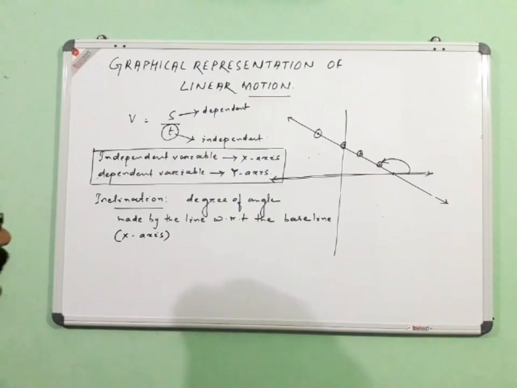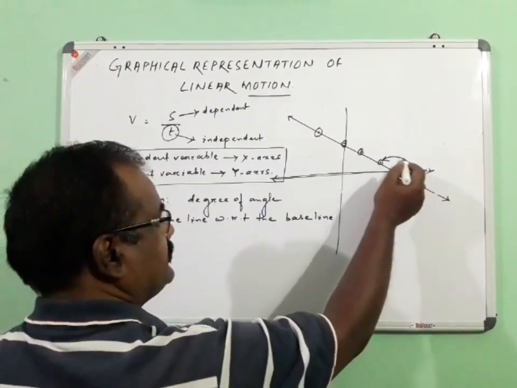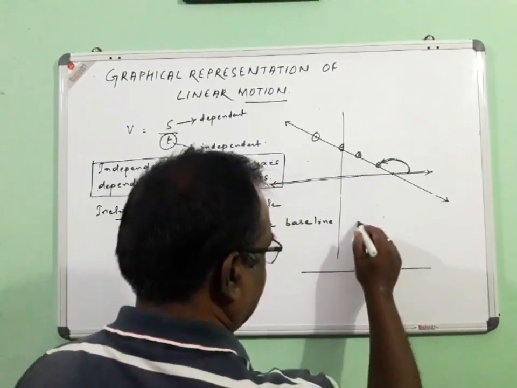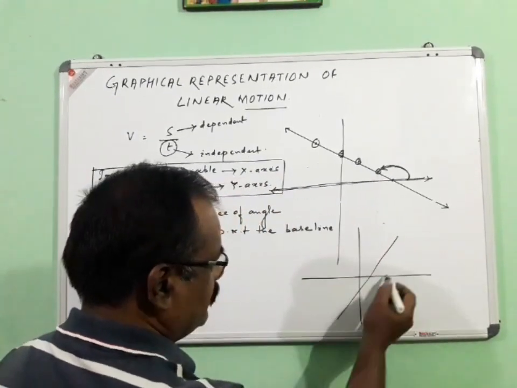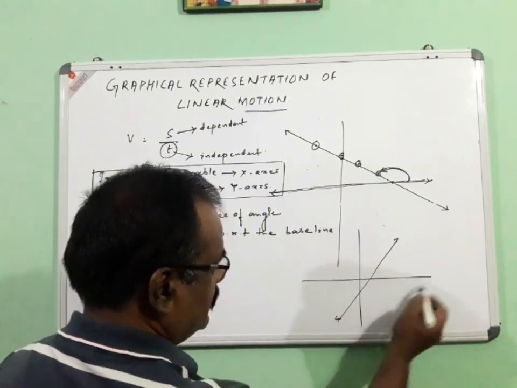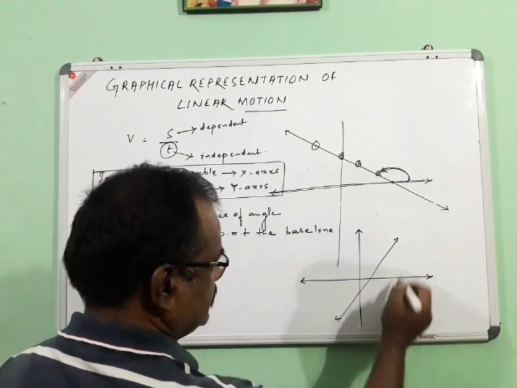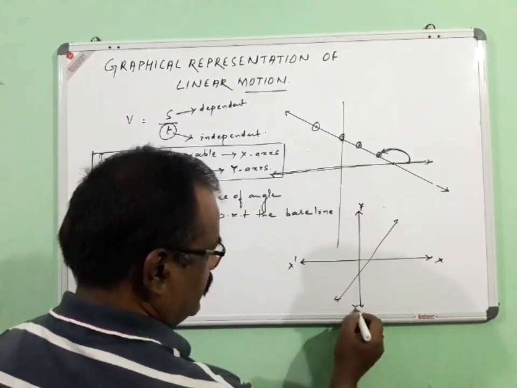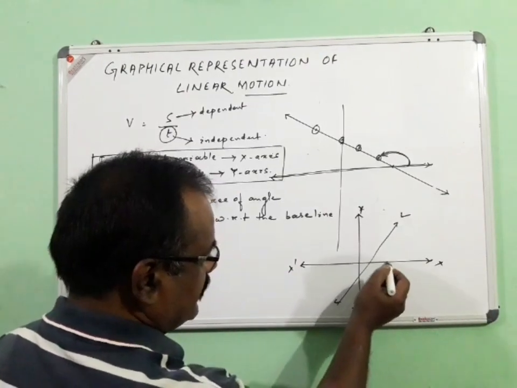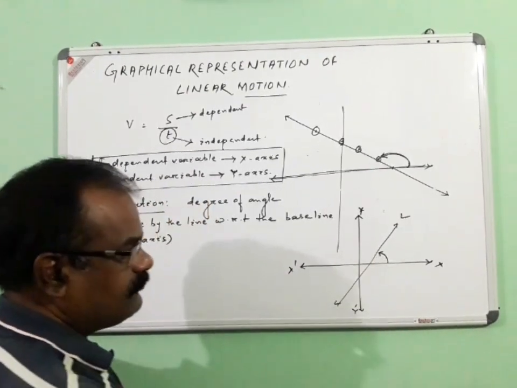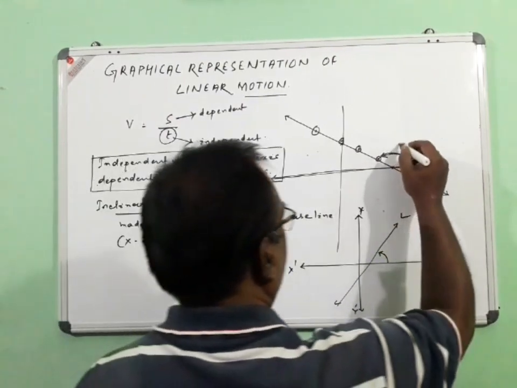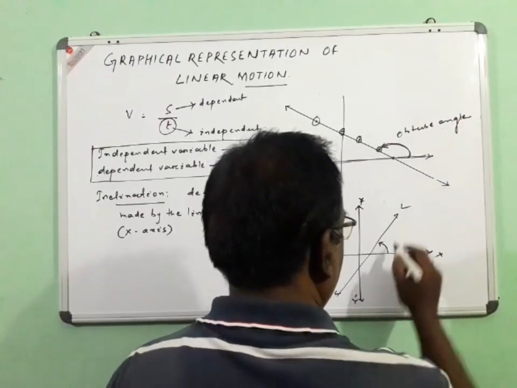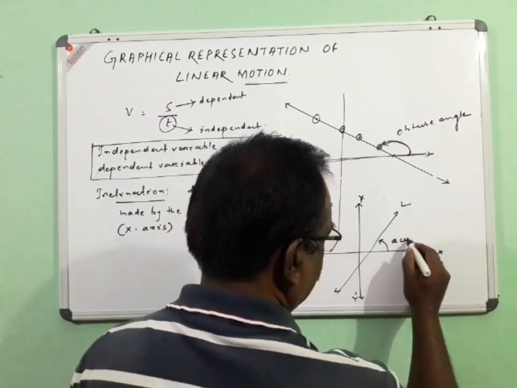Now here this inclination is a sort of obtuse angle. Suppose this is the line, and these are the x-axis and y-axis. In such cases, this line is making one angle with respect to the x-axis which is an acute angle, and this is a sort of obtuse angle, which is greater than 90 degrees, whereas this makes an acute angle.